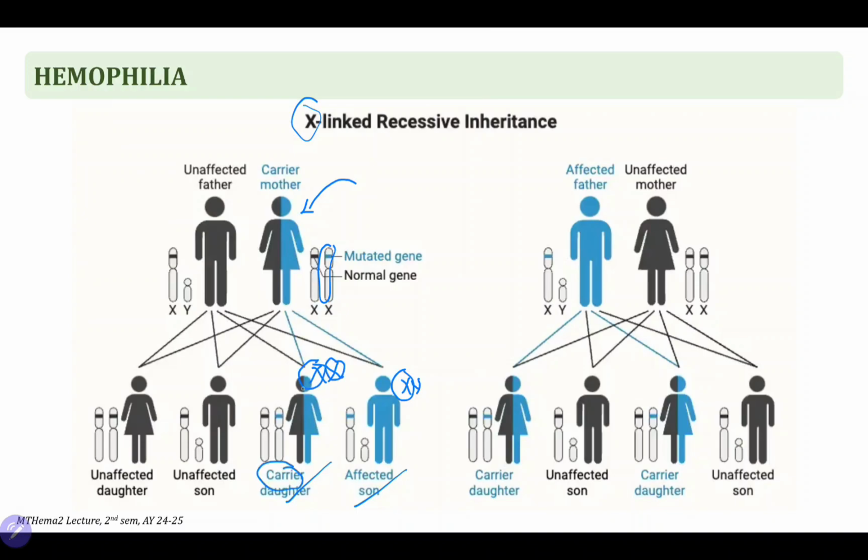Kailangan both X chromosomes should be mutated or affected before manifest ni patient, ni daughter, yung hemophilia. Pero since it's X-linked recessive, usually females are just carriers and the males are considered homozygous carriers or affected genes of hemophilia.